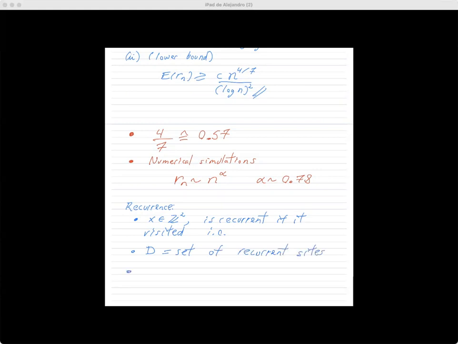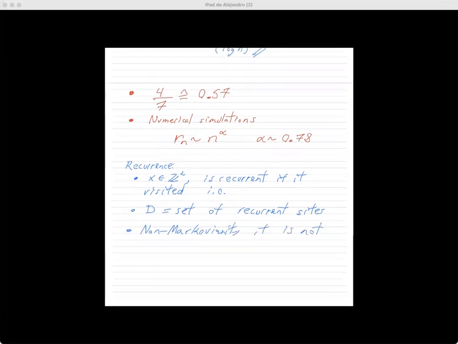So that, as I said, by non-Markovianity, it is not even clear. Of course, I would tend to believe this random walk is recurrent, but it's not even clear if D is the empty set or all of Z2. These are the only possibilities.